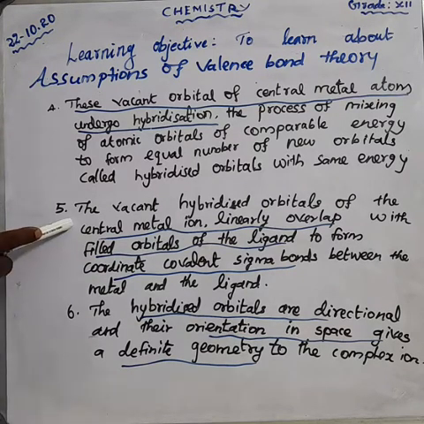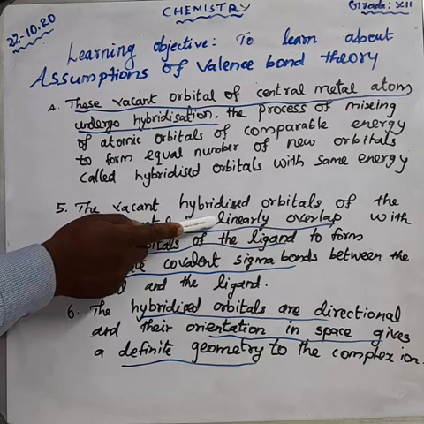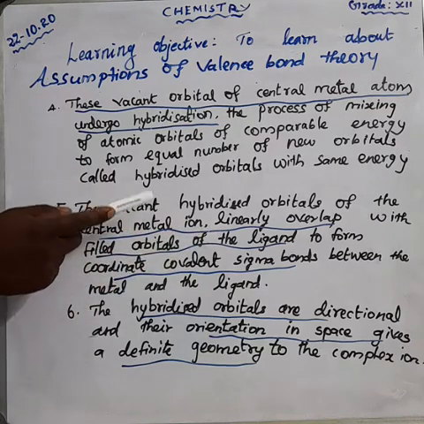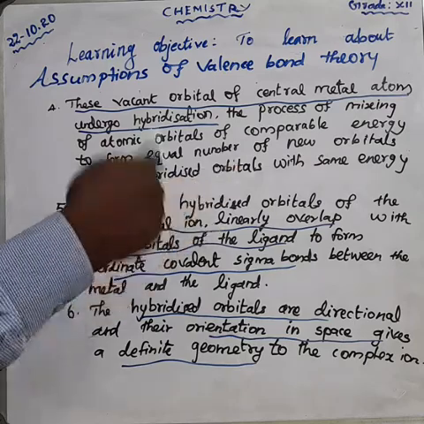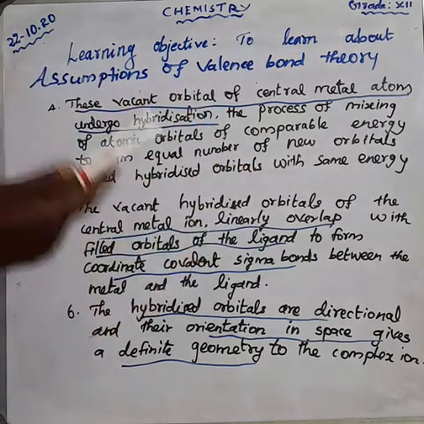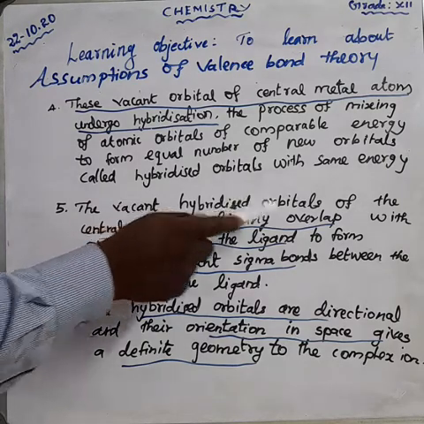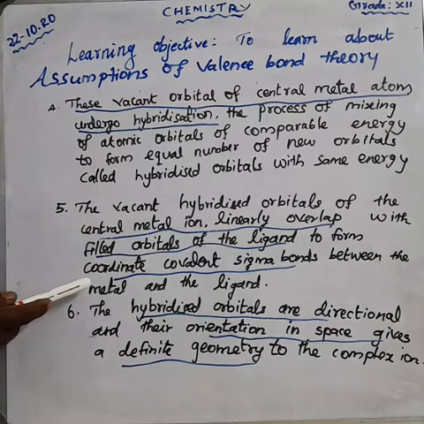The vacant hybridized orbitals of the central metal ion linearly overlap with the filled orbitals of the ligand to form which bond?